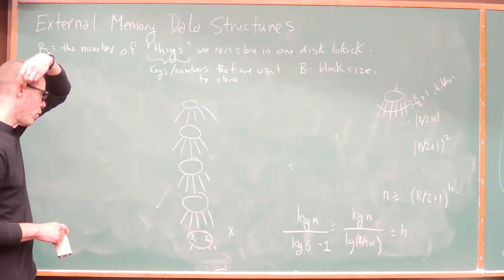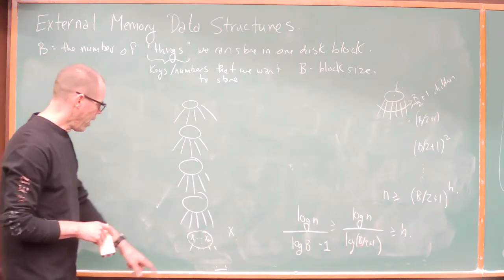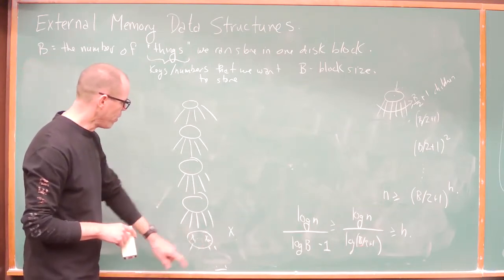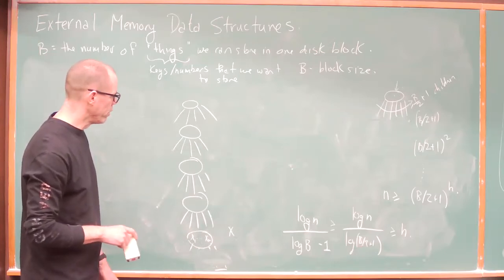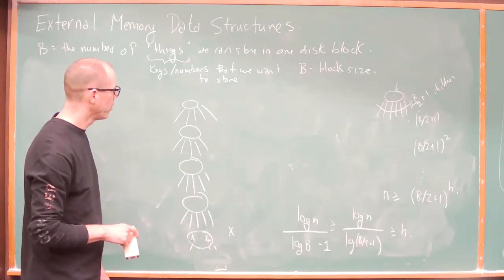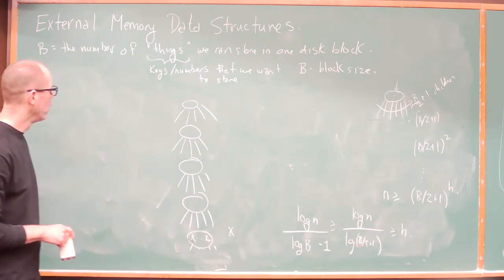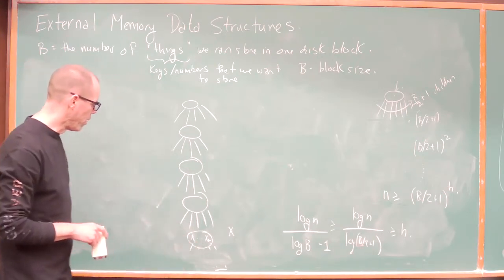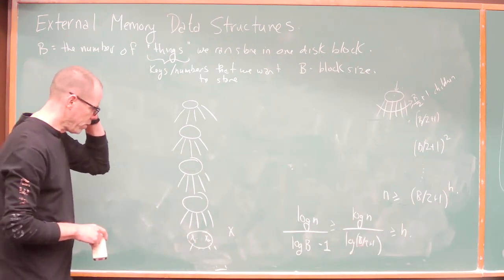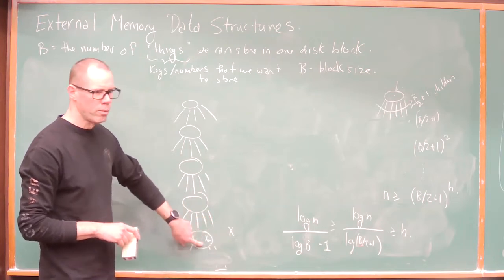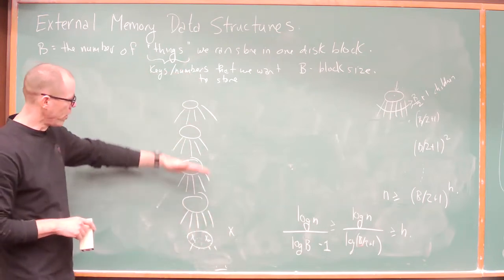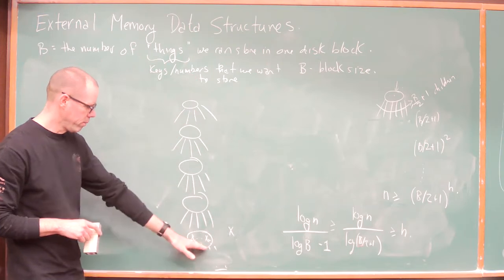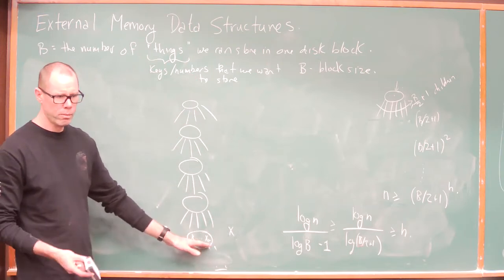And the vast majority of the time, that leaf node stores less than 2b minus 1 values, in which case you just take the thing that you want to insert and you put it in there. Okay. So it's one search, and then you take the thing you want to insert and you stick it in there.